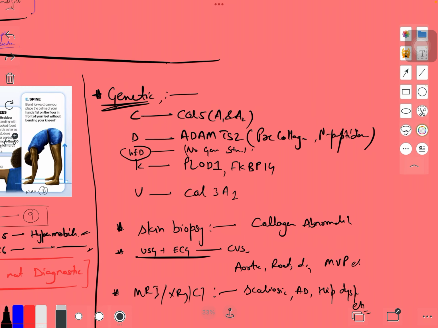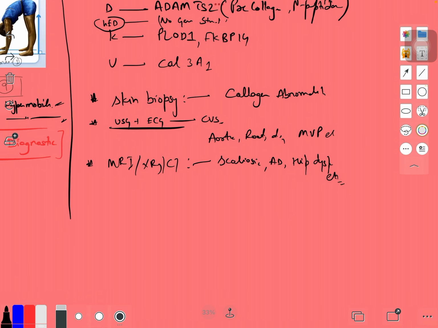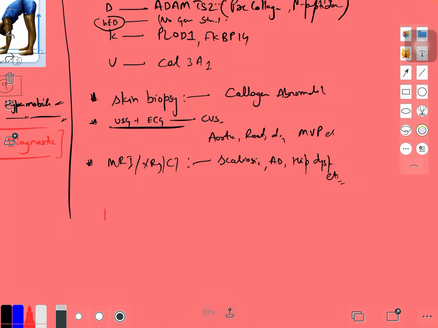Right, so what we do for the HED, which was actually common, right? Hypermobile joint, fairly common. So how do we make a diagnosis for that one? We make the diagnosis clinically. So for the H variant of the EDS, as it has no genetic predisposition, we diagnose it clinically, right?